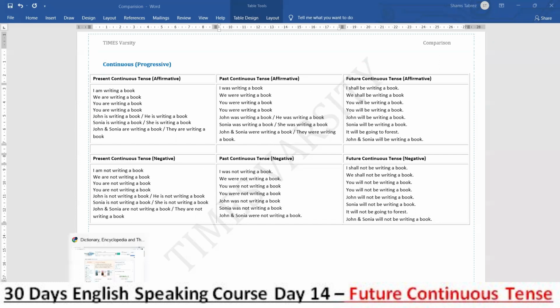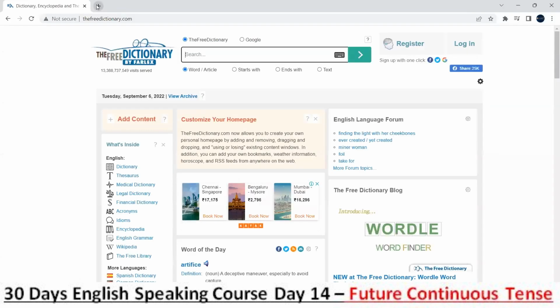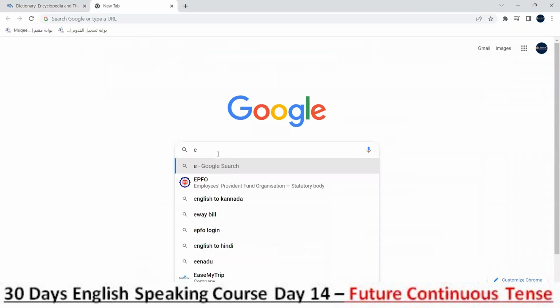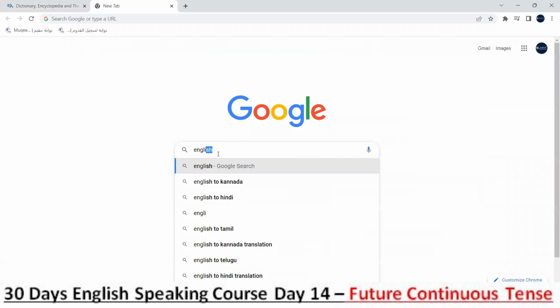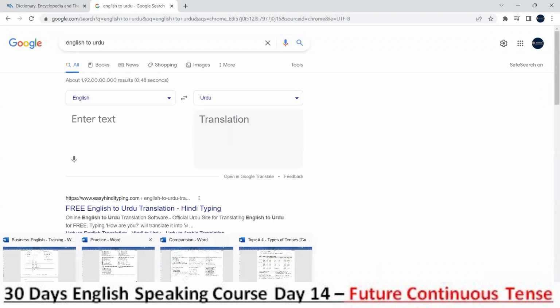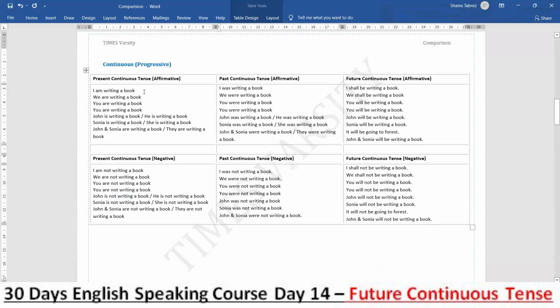So let's do some translation. English to Urdu or Hindi. Urdu, let's say. And here we have a sentence.